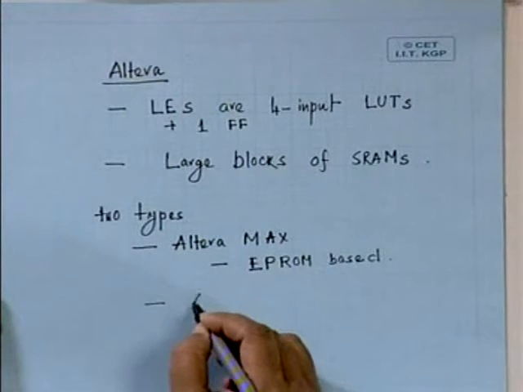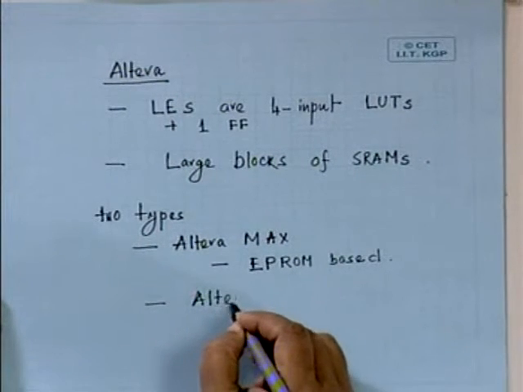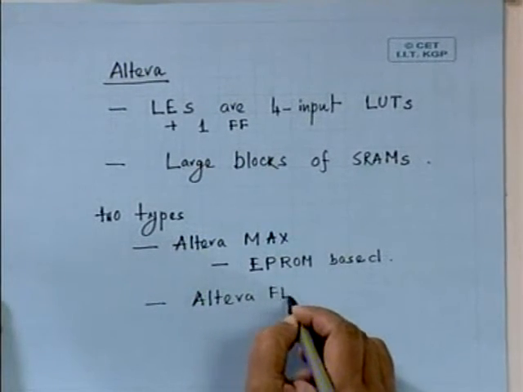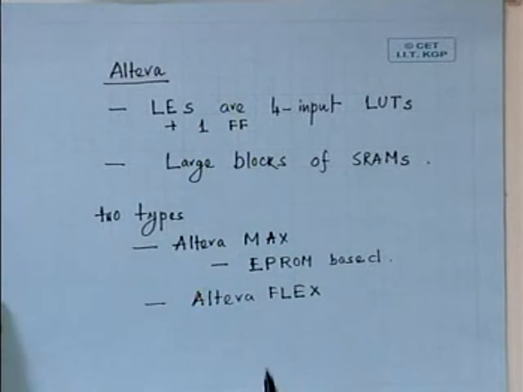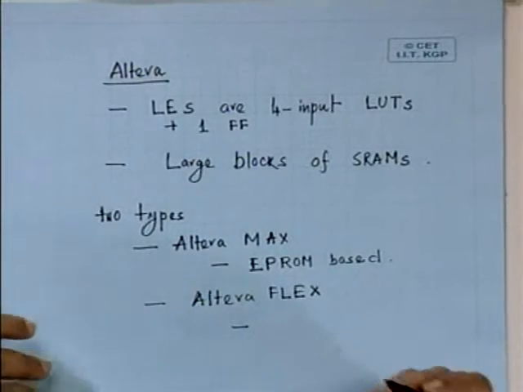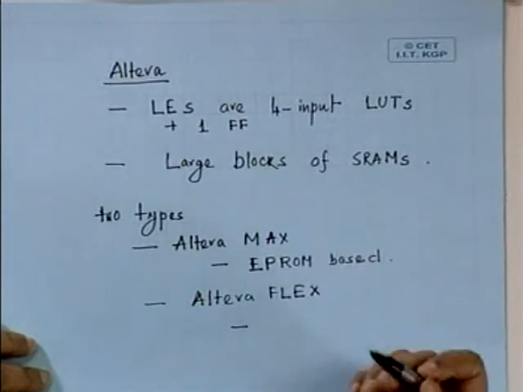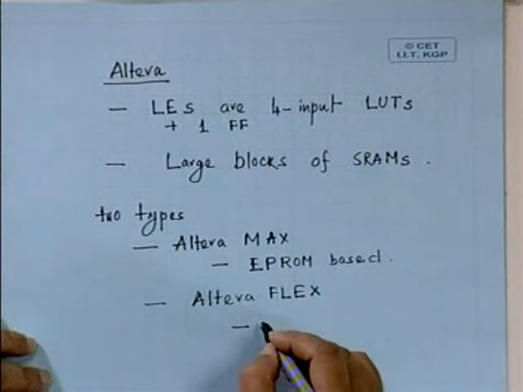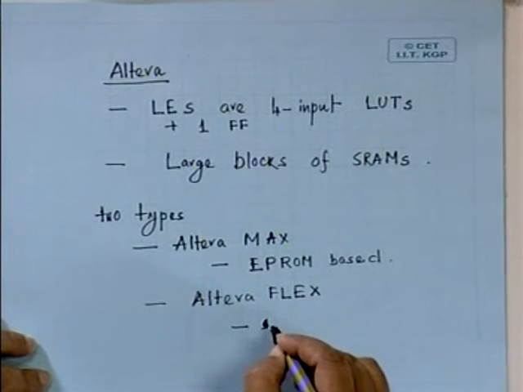Another is Altera Flex. And this is of normal type, that means logic elements are lookup tables and simple SRAM memories are there. So this is of normal type.